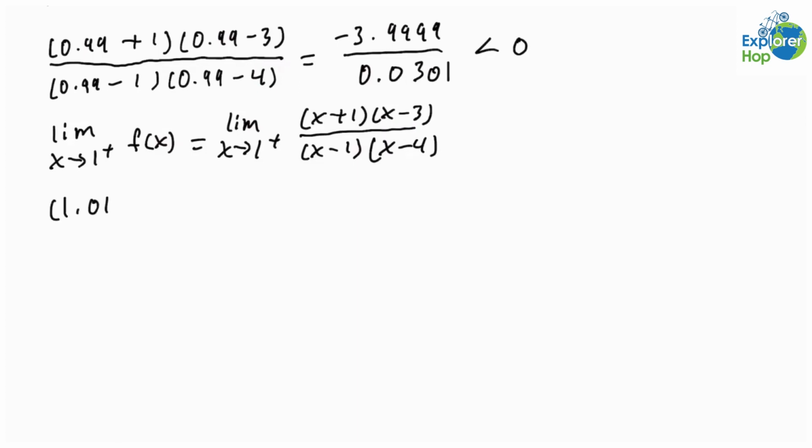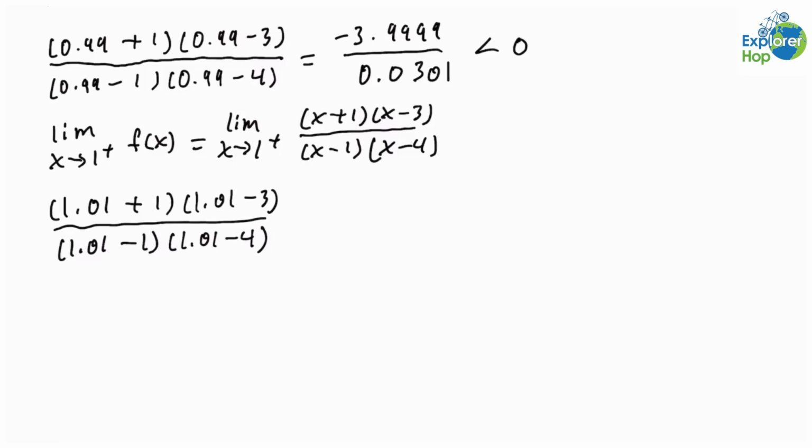If we sub in x equals 1.01, we get 1.01 plus 1 times 1.01 minus 3 over 1.01 minus 1 times 1.01 minus 4.